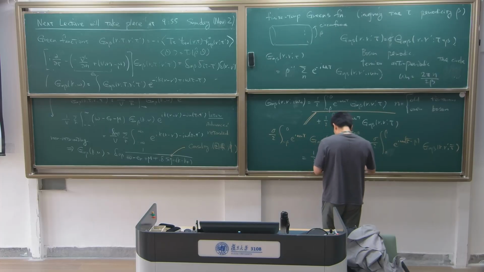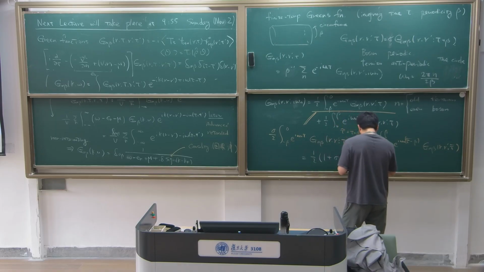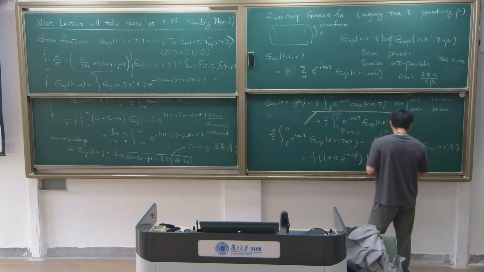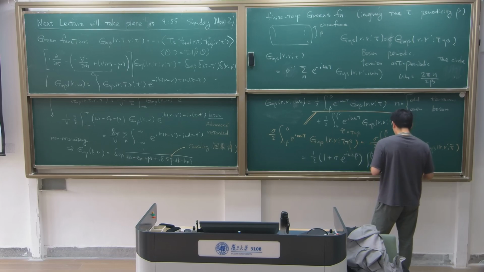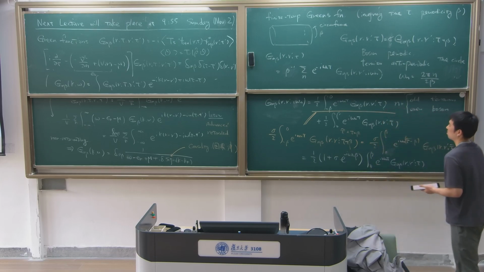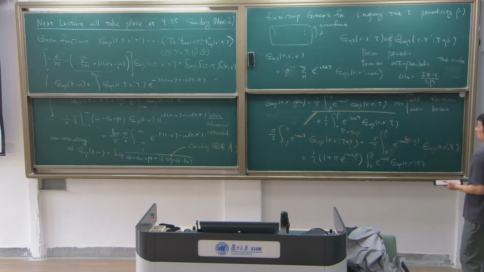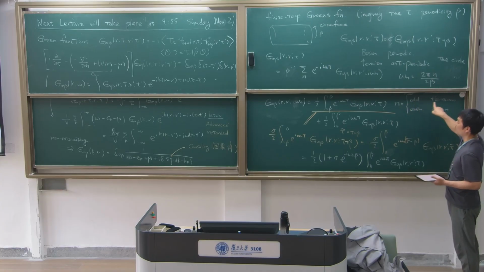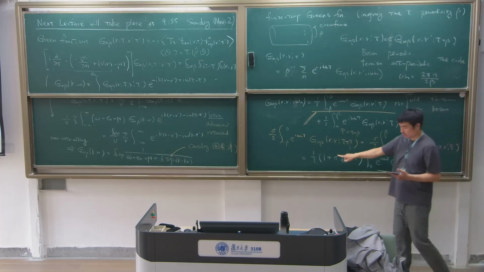The beta, like this. Okay. And here, so we pose the beta to the odd for fermion, so they cancel each other.